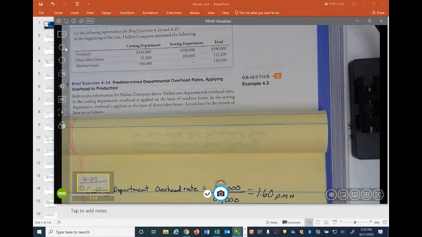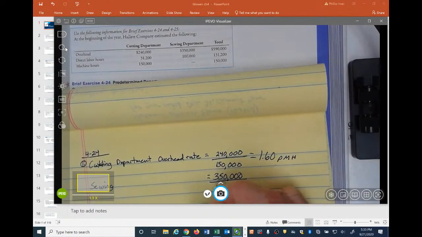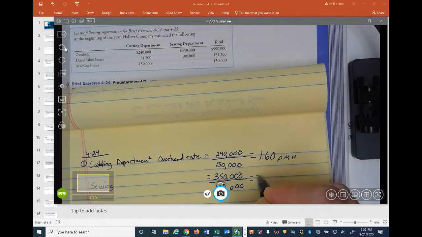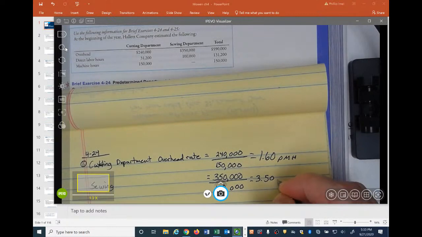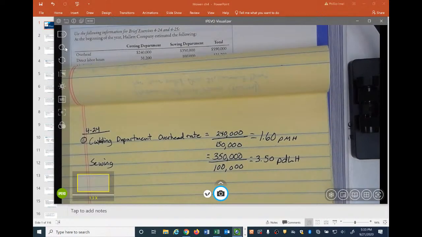Direct labor hours of 100,000. Okay, and that gives us what? 350 per direct labor hour. Okay, so that's one, right? So now we have the department overhead rates, right?